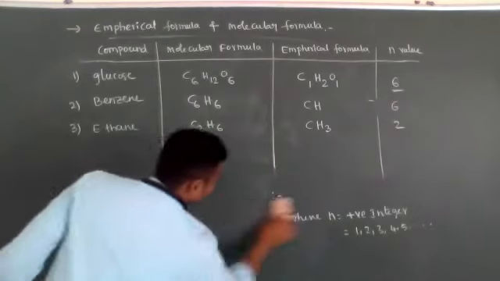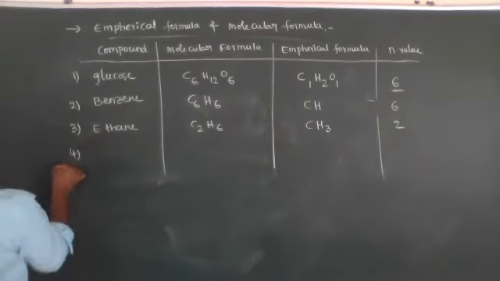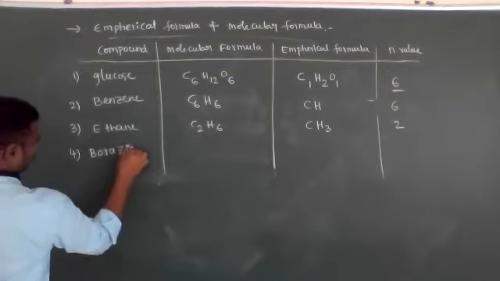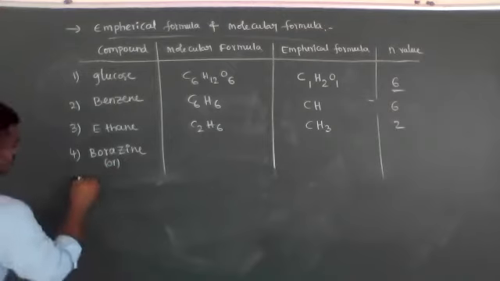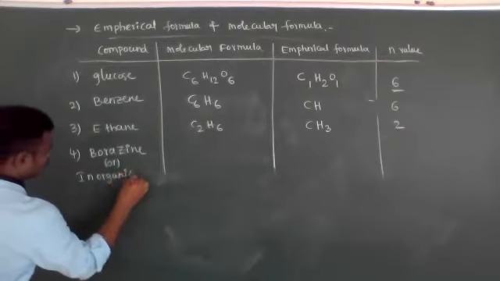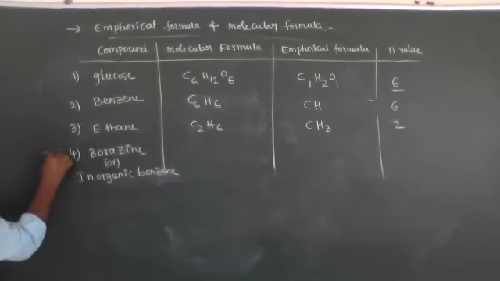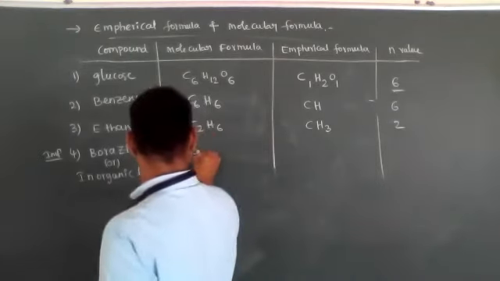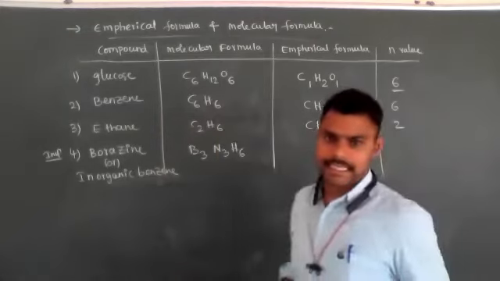Let's see one more example. Borazine, also called inorganic benzene. This is an important one. What is the formula of inorganic benzene? B3N3H6.